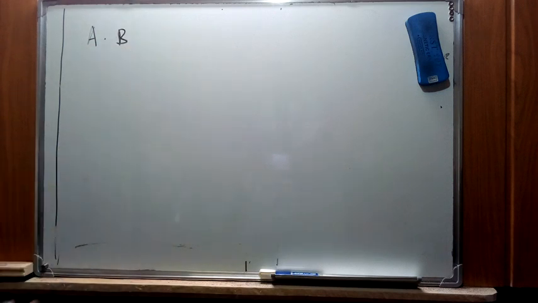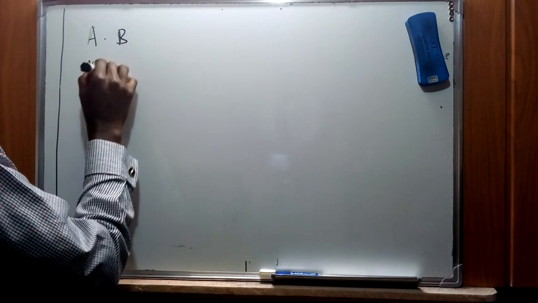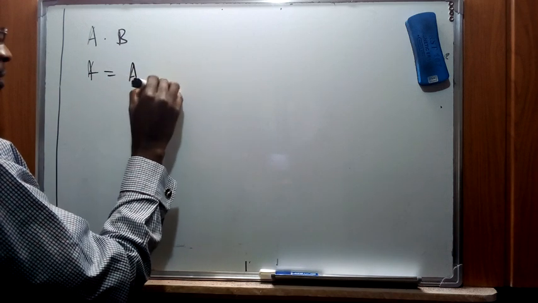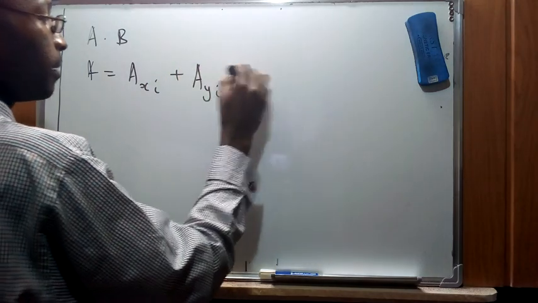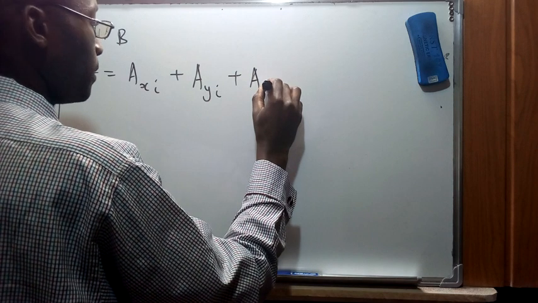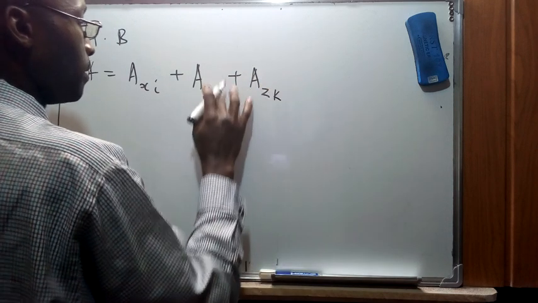Now remember, in a three-dimensional space, we give the components of vector A as Ax i plus Ay j plus Az k.